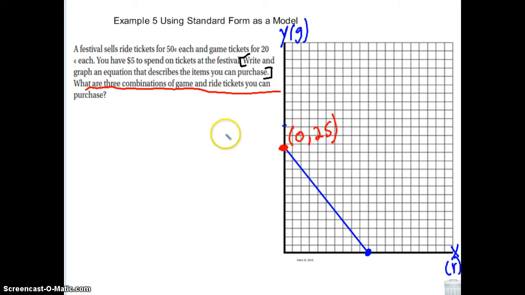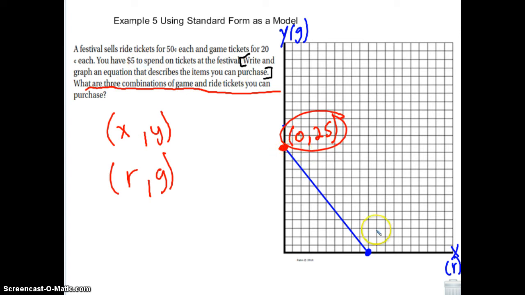We're not using x and y right now, we're using r and g, which is ride tickets and games. Now remember, this is the y-axis, which means it's the games. That means you could play 25 games with your $5, but could you ride any rides? No. So there's one combination.